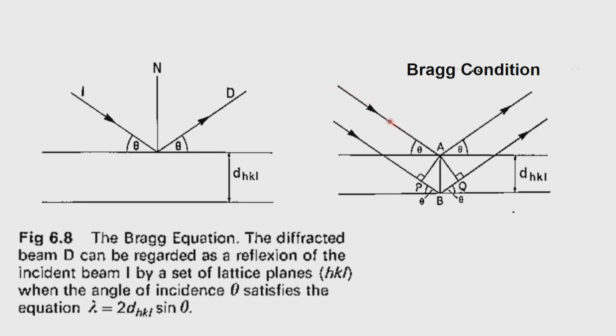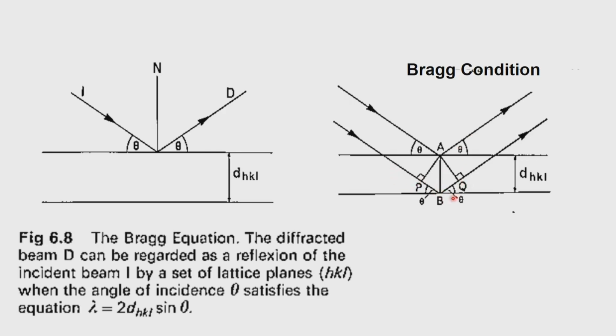Suppose you take this ray 1. It gets reflected from this plane and goes off, and here is a parallel plane placed at a distance of d of HKL. Now we can see that this second ray is up to here. If we drop a perpendicular from here you go to P, and dropping another perpendicular here you go to Q. So, the extra length travelled by this second ray is Pb plus Bq.